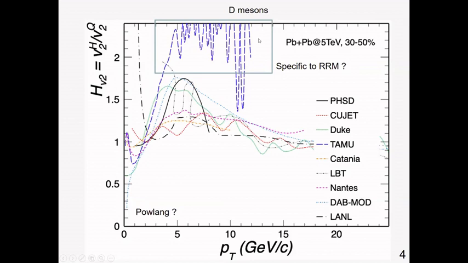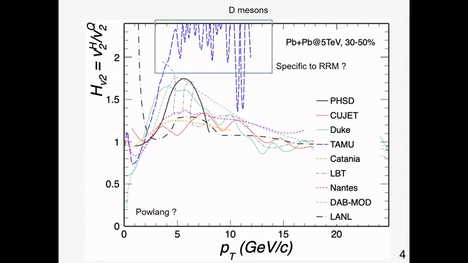So, Ralph, can you explain this? First, this is the final D-meson V2, including also the hadronic phase contribution. And secondly, we have a lot of highly excited D-meson states.